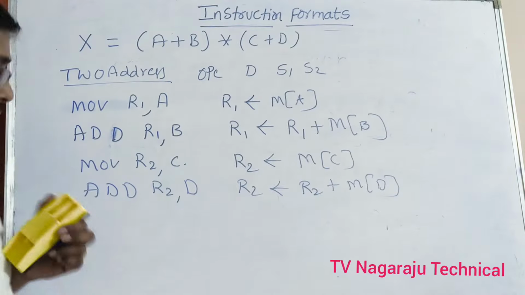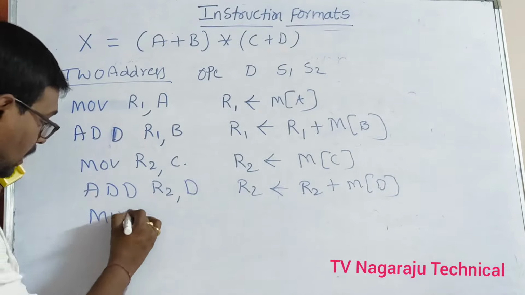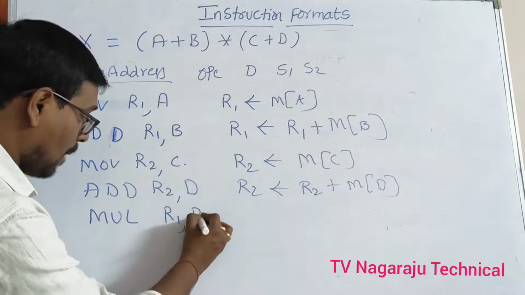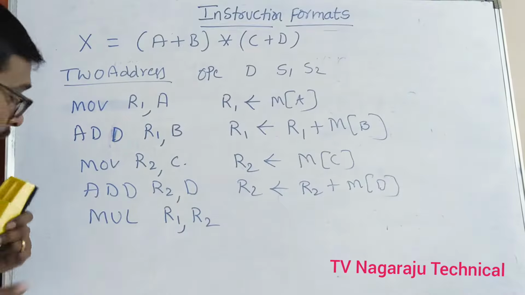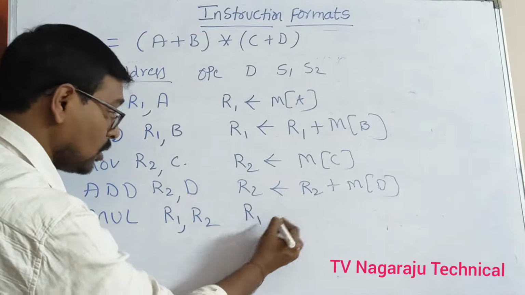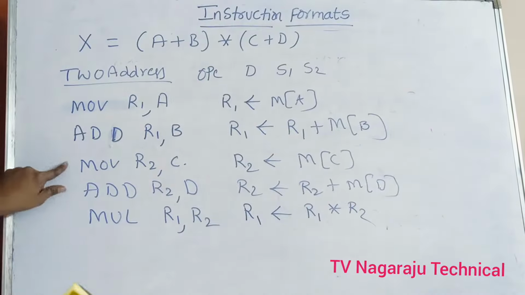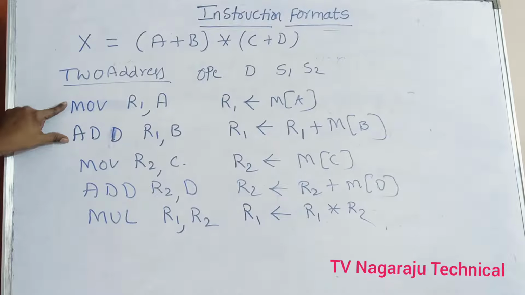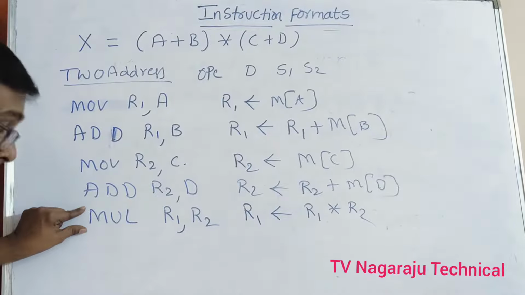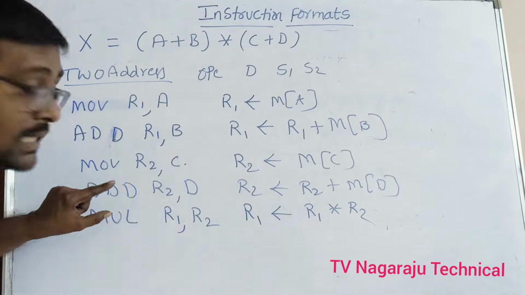Do the multiplication. How are you doing the multiplication? MUL R1, R2. So R1 ← R1 * R2. So addition is completed, multiplication is also completed. What is the final aim?